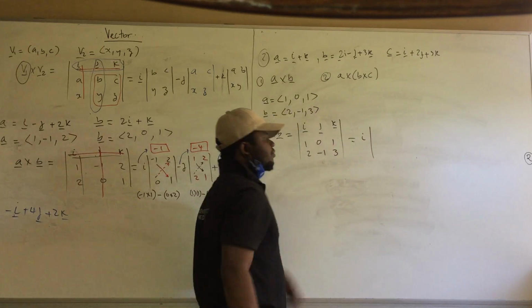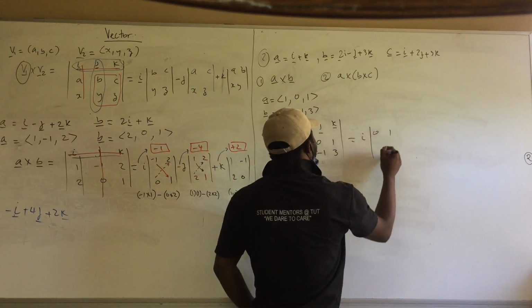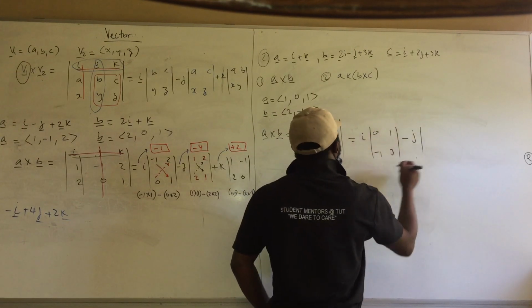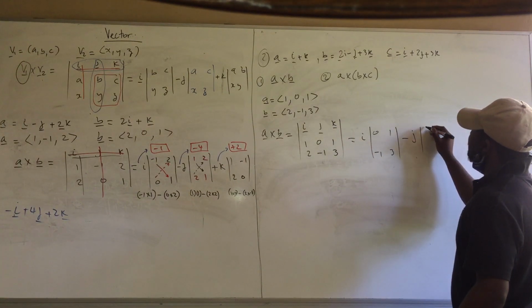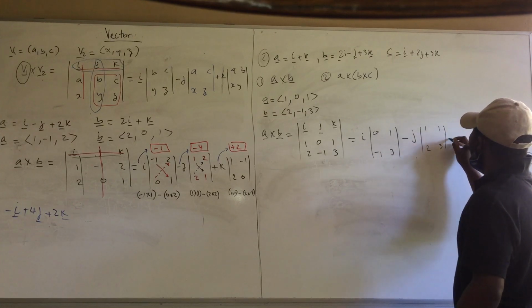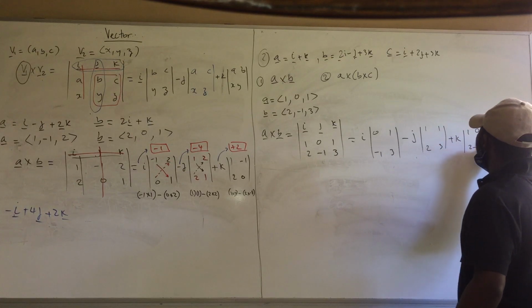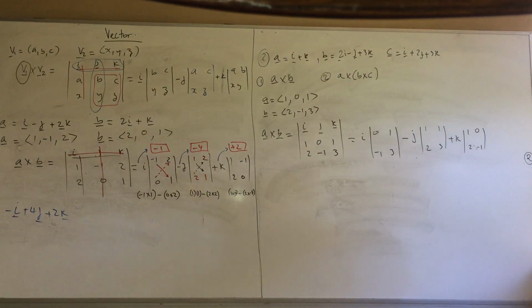I times the determinant 0, 1, minus 1, 3. Alright? Minus J with 1, 1, 2, 3. Plus K, 1, 0, 2, minus 1. Like this, alright? So, let's do it.